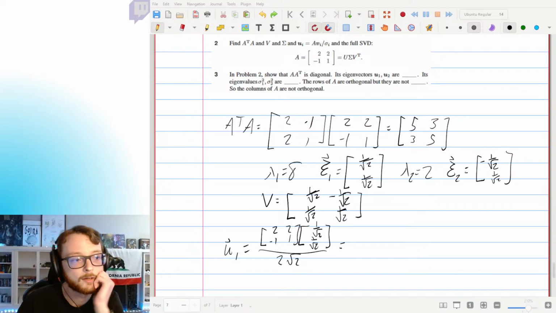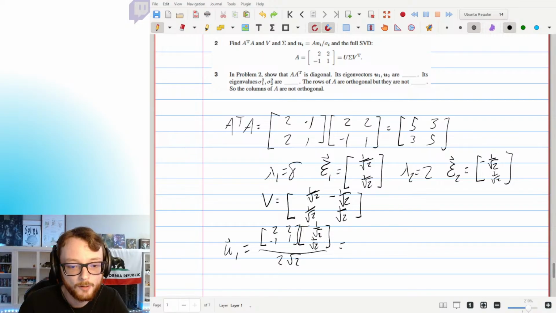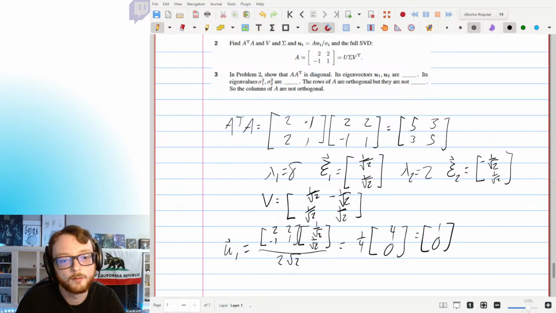Okay, so I was factoring out the 1 over root 2 there. Let's become a 1/4 out front. We're gonna put the 2 by 1 vector, 4 on top, 0 on the bottom. So we just get 1, 0. Yep, I remember that.